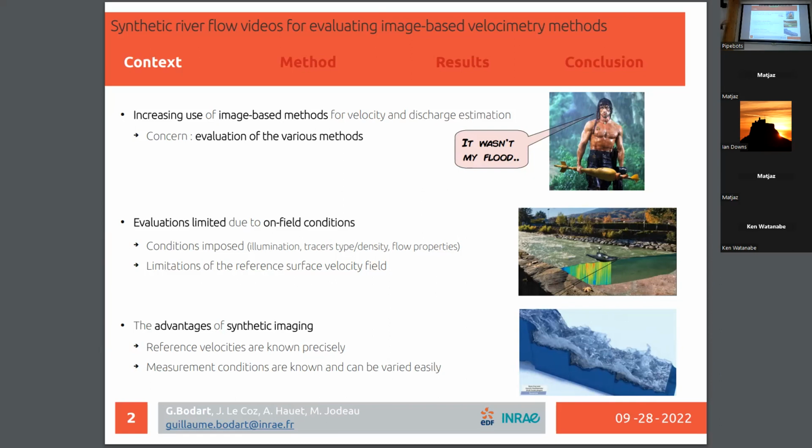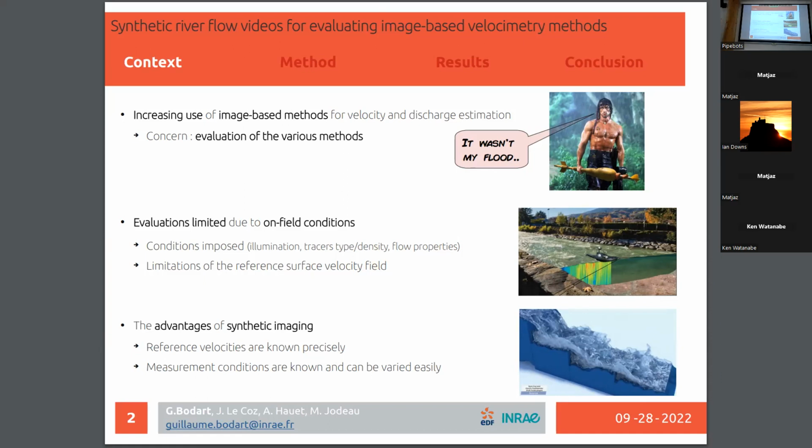What I mean by the evaluation process is comparing the velocity results of an image-based method to a reference in given situations. And the problem that we face is that the on-field conditions are often imposed in terms of illumination, for instance, water aspect, tracer properties and densities, or flow properties.